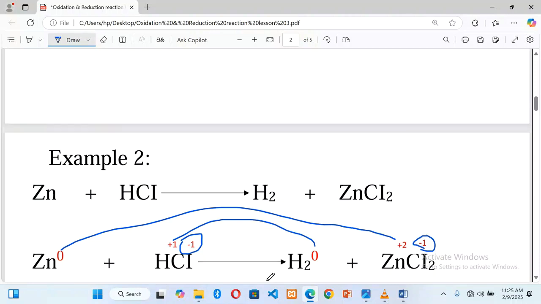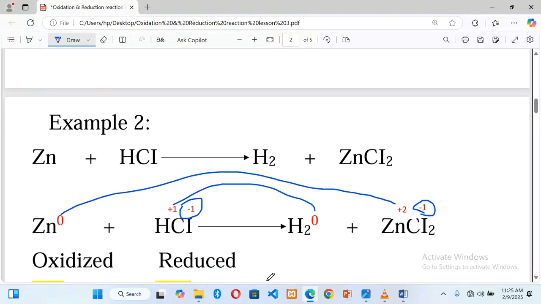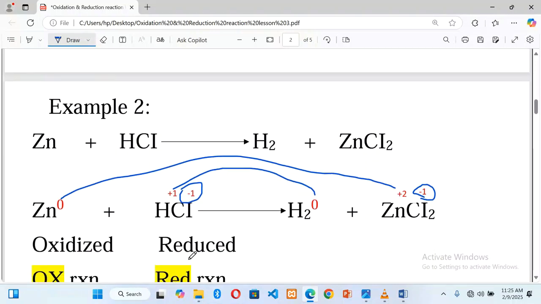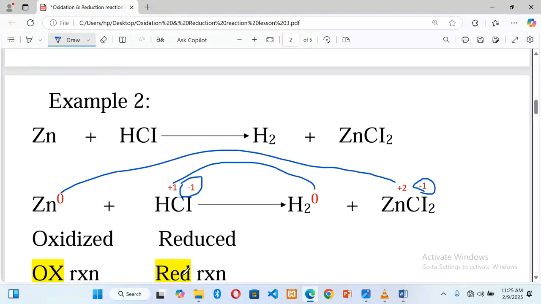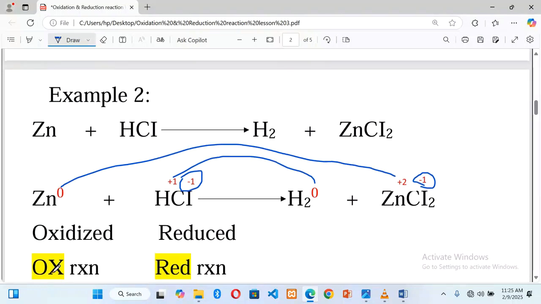Zinc has undergone oxidation and hydrogen is undergoing reduction. Why are we saying zinc has been oxidized? There is an increase in oxidation number from 0 to positive 2. Why are we saying hydrogen is reduced? It is moving from positive 1 to 0.